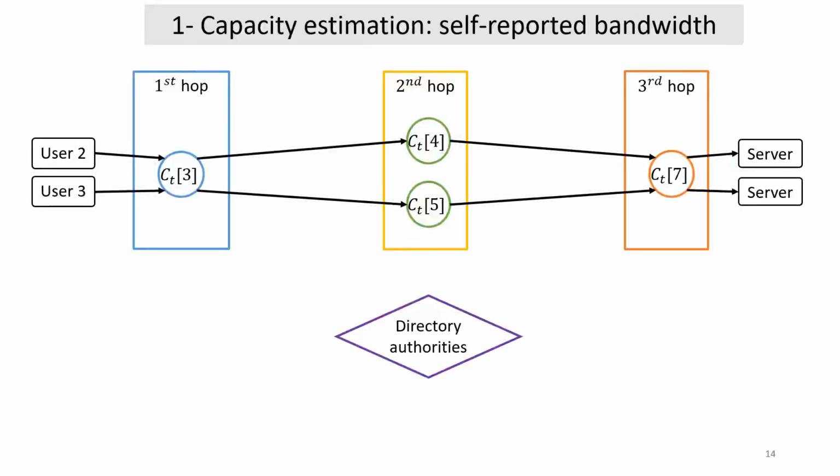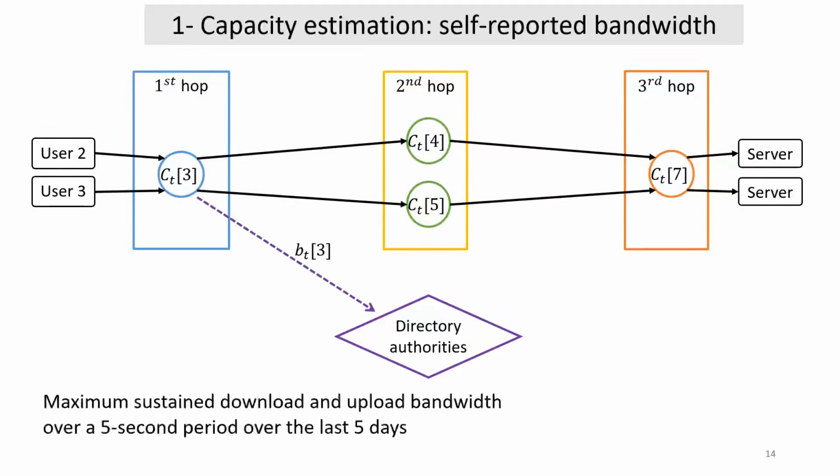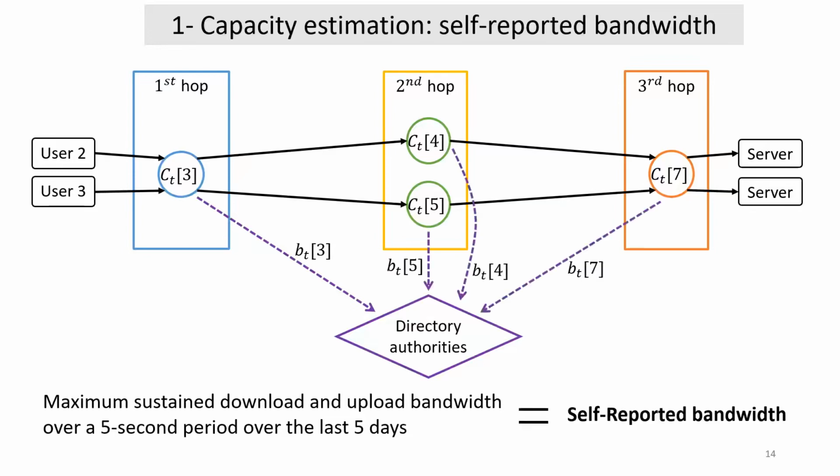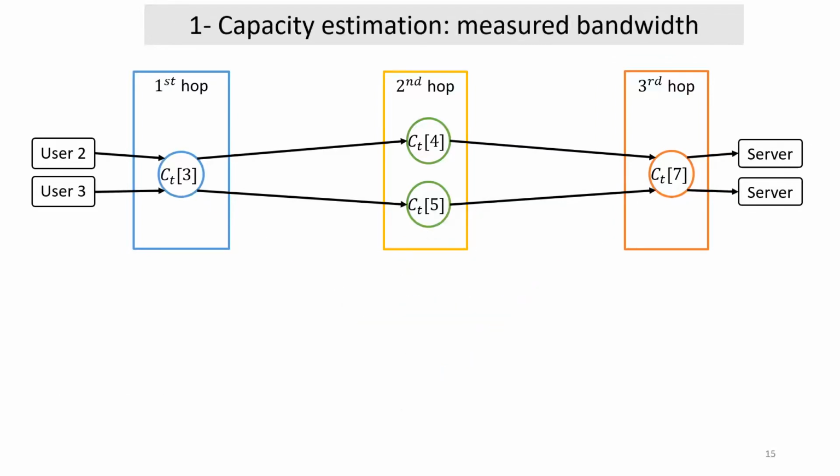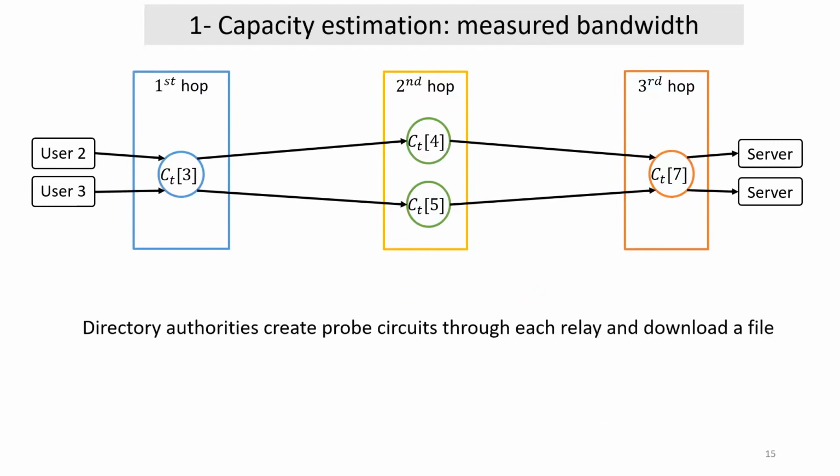Starting with the self-reported bandwidth, each relay estimates its own network capacity by computing the maximum sustained download and upload bandwidth over a 5-second period over the last 5 days, and reports this value to directory authorities. The self-reported value is then adjusted based on the result of a probe, which we will call the measured bandwidth.